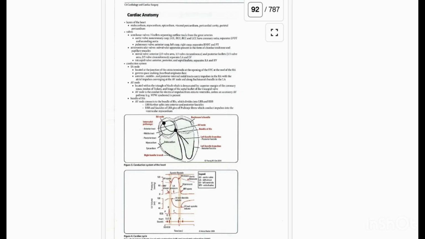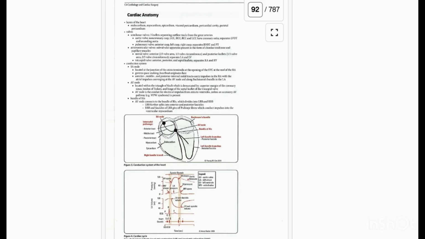The mitral valve is a bicuspid featuring an anterior leaflet that spans about 2/3 of the valve area but only 1/3 of the circumference, and a posterior leaflet that covers the remaining 2/3 of the circumference. It separates the left atrium from the left ventricle.